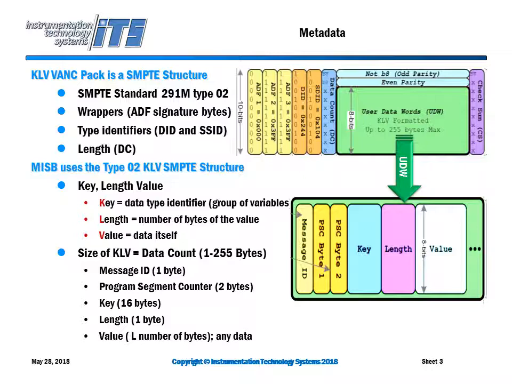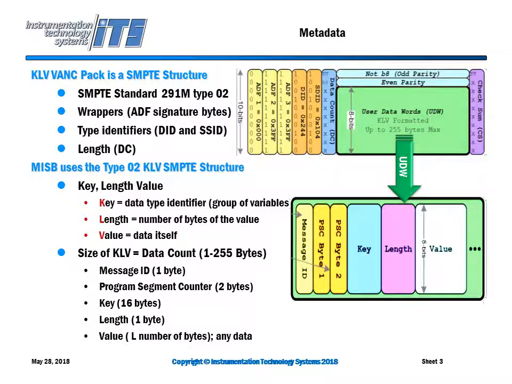That's an ancillary data flag. That signal tells the decoder that a data packet is coming and not an image packet. And then the data item description defines it as a KLV packet, and the SDID says it's a type 2 KLV packet, which is a specific structure for the VANC space.